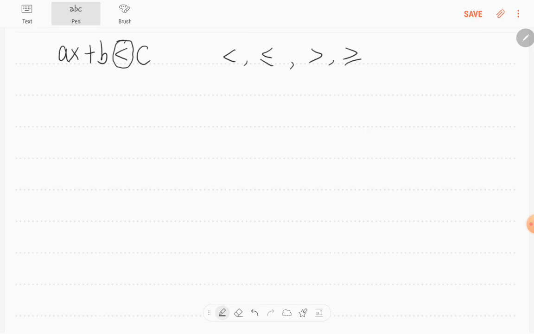However, the difference is here: if you multiply or divide by a negative number, it will reverse the direction of the inequality. Less than becomes greater than, or less than or equal to becomes greater than or equal to. However, if you multiply or divide by a positive number, it will not change the inequality sign.